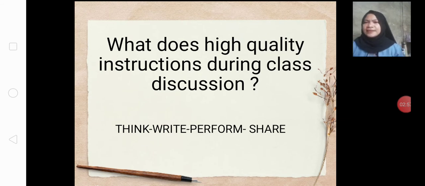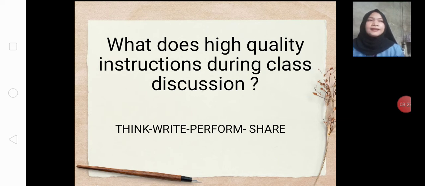Okay, so what does high quality instruction look like during class discussion? So ano nga ba yung highlight instructions to gain the participation of the students? Okay, so we have here think, write, perform, and share. Think: let the student think, or you as a teacher think of how to get the attention of the students.